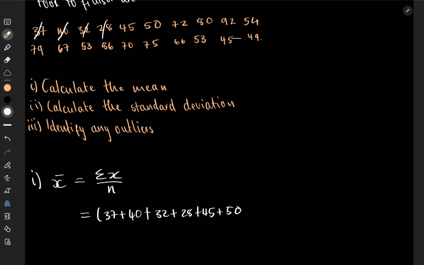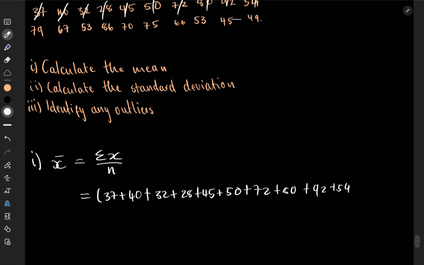Plus, you can just put them if you want, 45 plus 50, you can be doing it. Plus 72, we remove it. Plus 80, we remove it. Plus 92, we remove it. Plus 54, we remove it. We keep going, right?